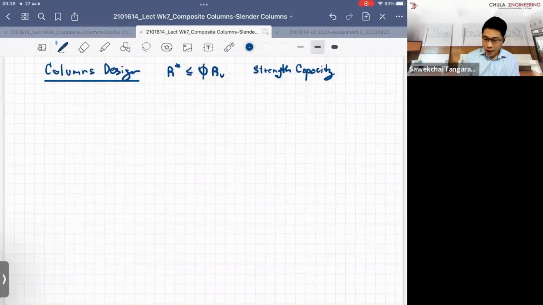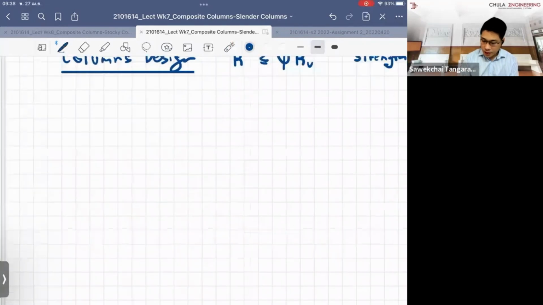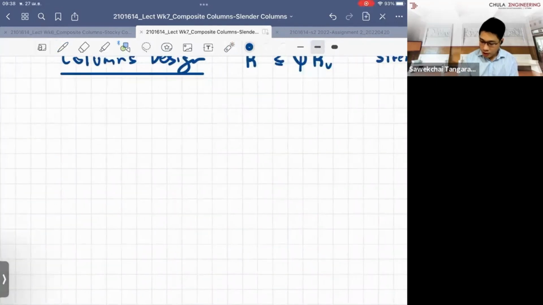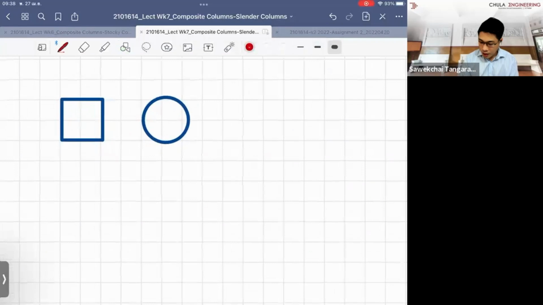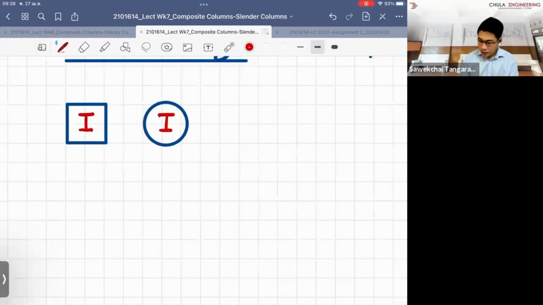In the strength capacity, we're saying that if we have a column, we might look at a rectangular column or a circular column. We might look at the infills, in which you have the steel member, or the encased.